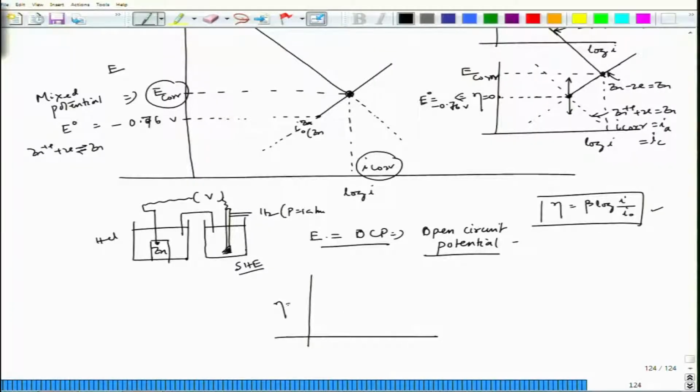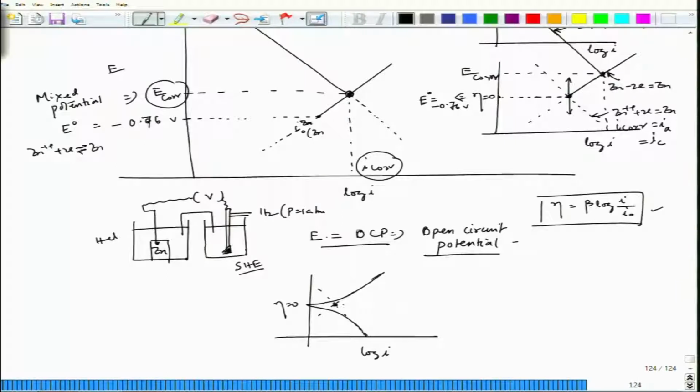In case of a single electrode system, we have seen this. So, this is eta equal to 0, this is I 0, these are the two sides, and then we saw that if I send applied current, that means when the rates of cathodic and anodic reactions are different, then the plot would look like this.